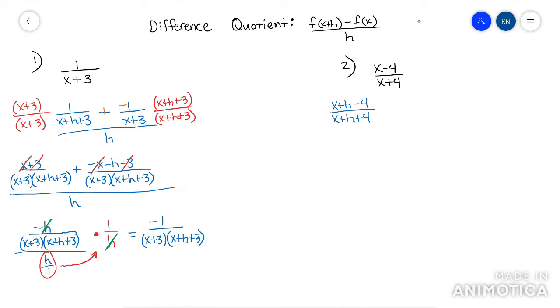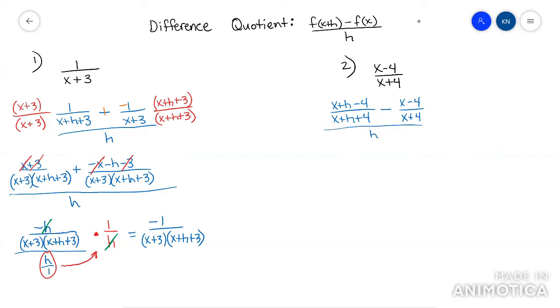Okay, and again, if you watch that other video, I tell you that a lot of students like to cancel like these x's. Please don't. That's a trinomial. You can't do that. All right, it's a minus in the middle. Then it's the original equation. Then it's all over h.